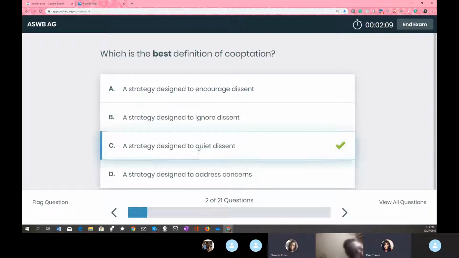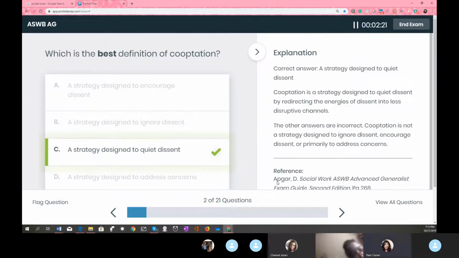What does dissent mean? Dissent is not agreeing. So many times things are done by majority rules, and everyone's not happy. A coup d'etat is I'm coming over, I'm taking care of things, but everyone's not happy.